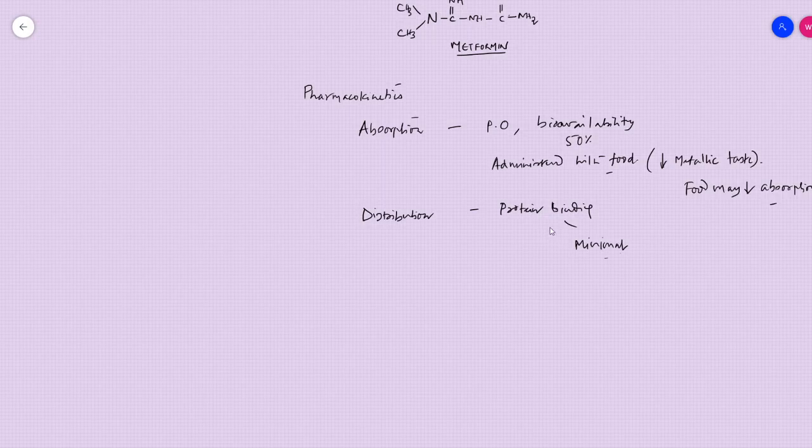Because if it is highly protein bound, then the drugs which can displace it from the binding site can cause drug interactions. So that interaction will be seen more with sulfonylureas. Sulfonylureas are extremely protein bound, so they have got lots of drug interactions.